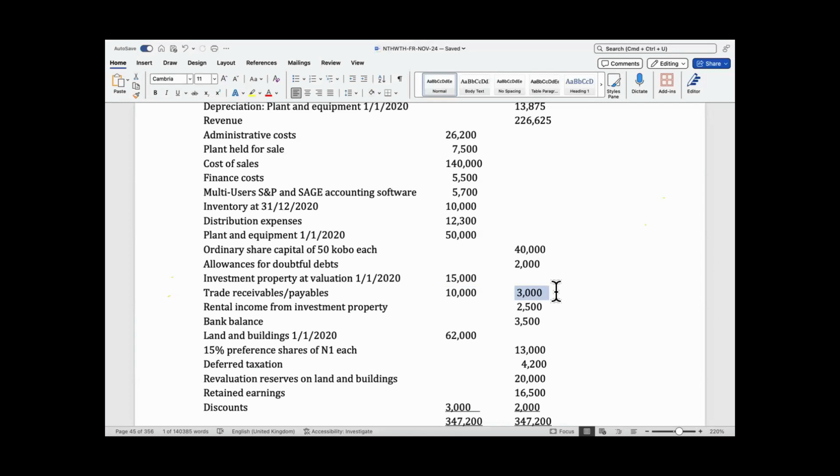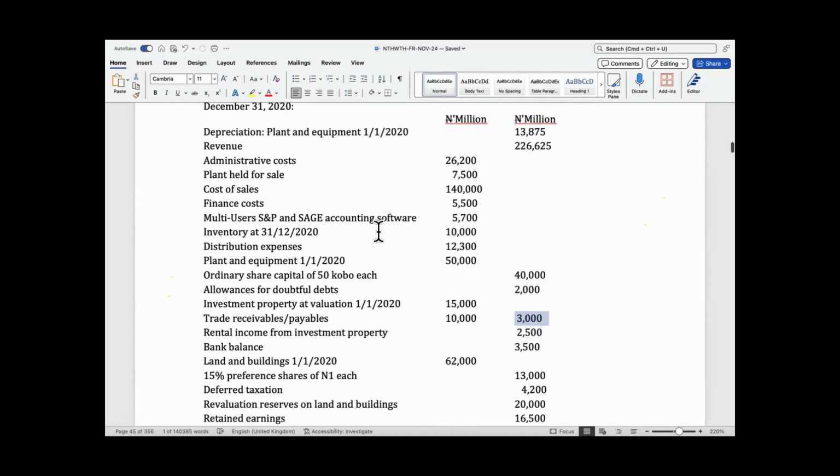Expenses and assets are always on the debit. Income and liabilities are always on the credit. Always. If that's the only thing you learned today, that's a lot.